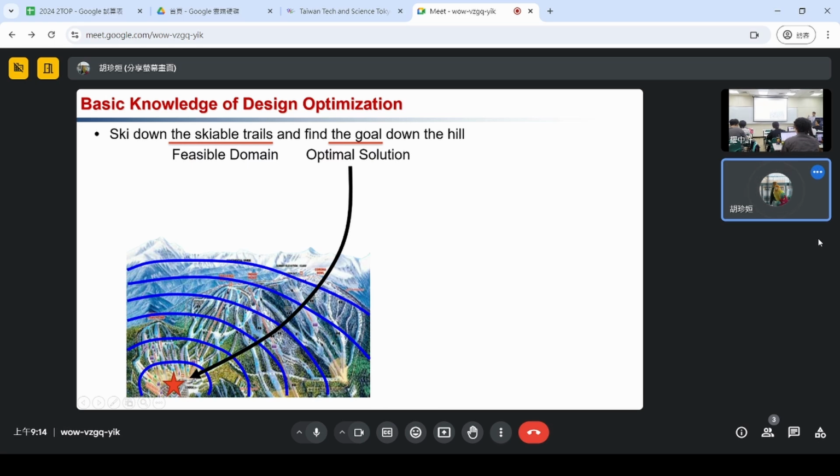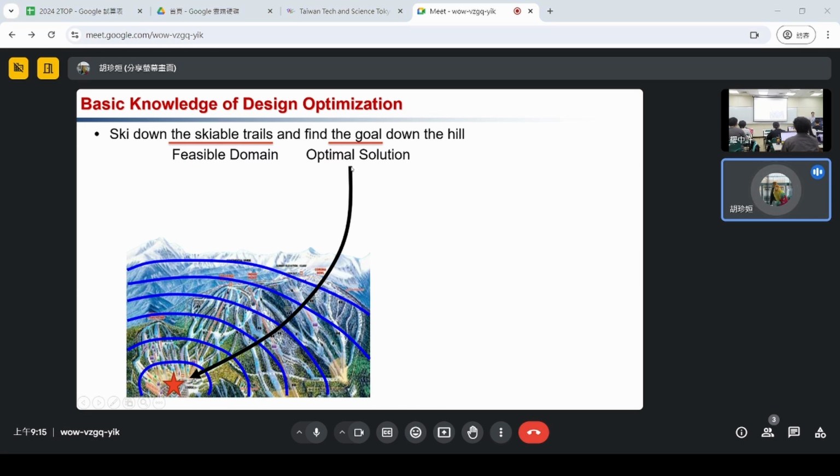And usually there's an area that has the lowest height. That's the goal. So when we solve optimization, actually, it's like moving along this contour and then trying to go to the lowest place. And that's what we call the optimal solution, actually.